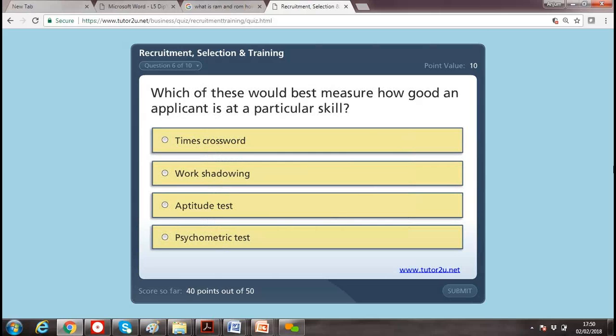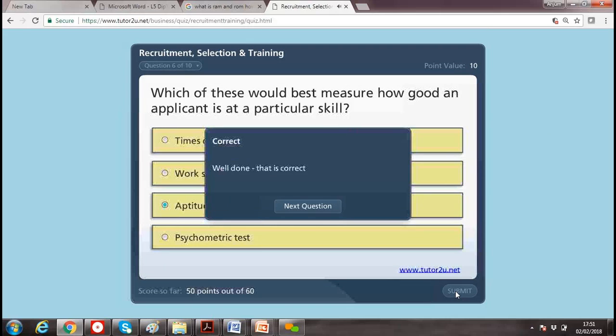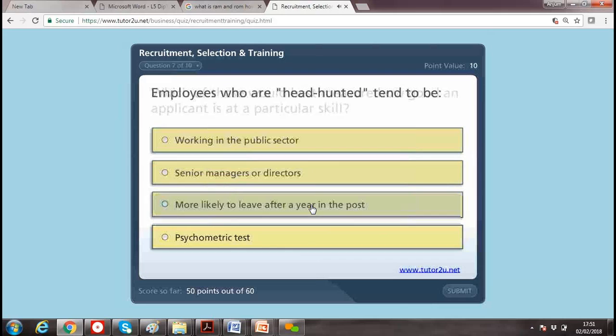Aptitude. Psychometrics, maybe. I don't know. No, aptitude test, because psychometrics is about liking, disliking. That's okay. What sort of aptitude towards a particular role.